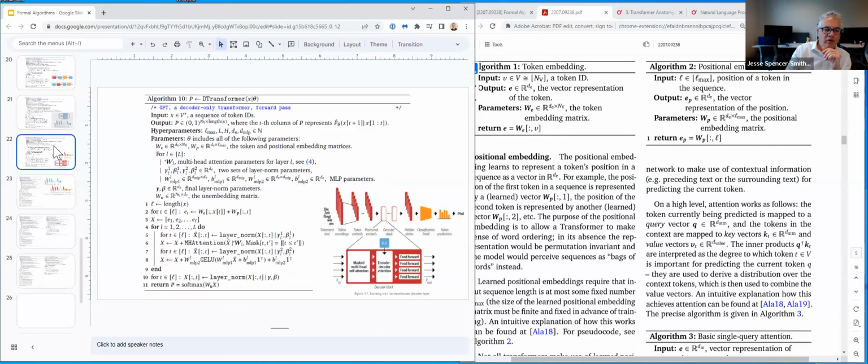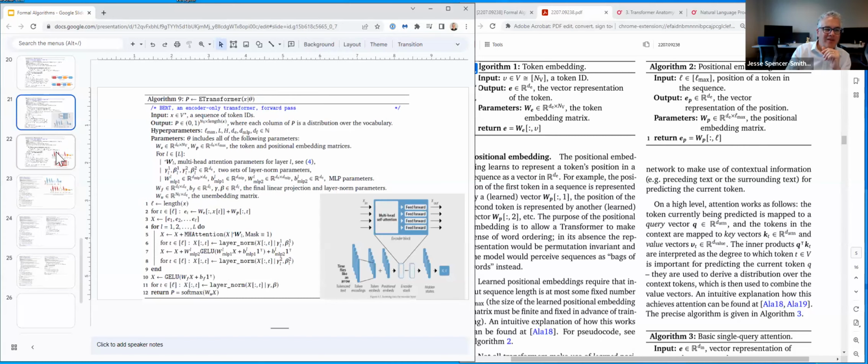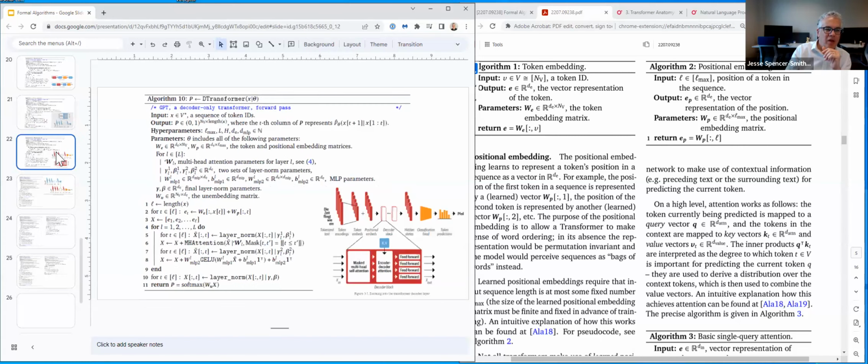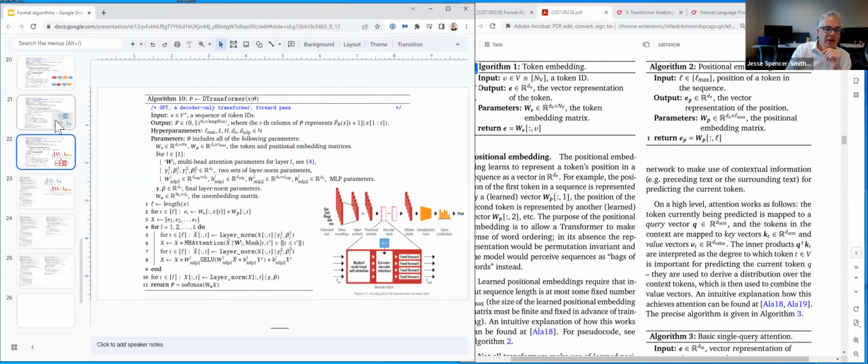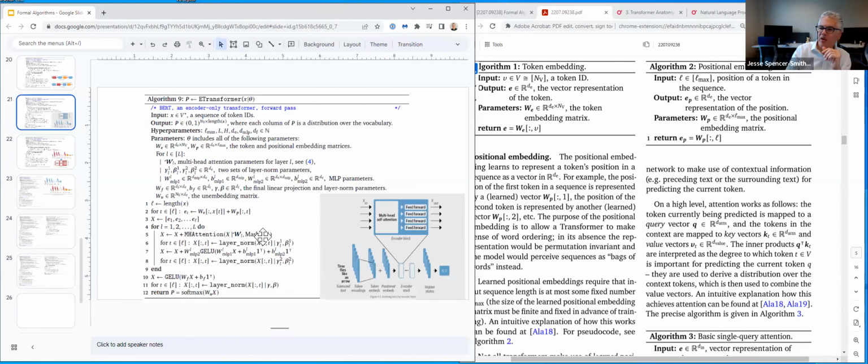If you look closely, the masking is different in the multi-attention head. Here's decoder transformer. Here's encoder transformer. So encoder transformer, notice the mask says is 1. It's not doing masking. It's allowing everything through.